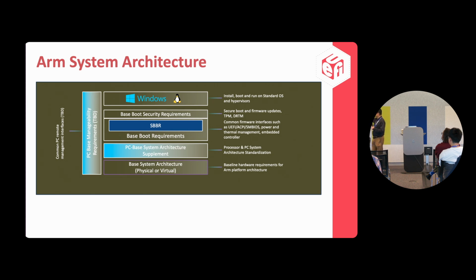The only difference is really that instead of the SBSA supplement for server hardware features, we are looking into this PCBSA supplement, which we actually published a version of last November. But if you look at the left-hand side, in servers, we have the SBMR.